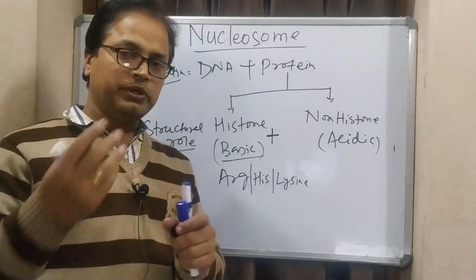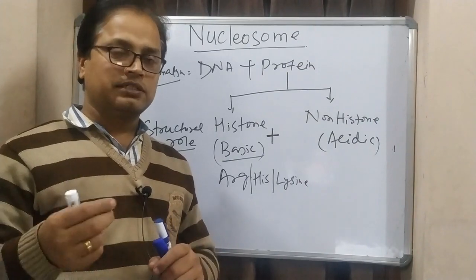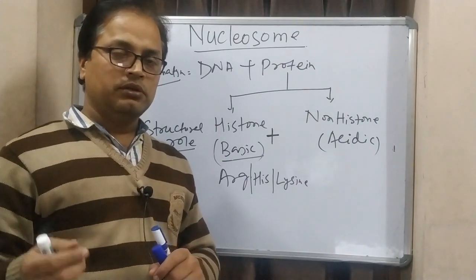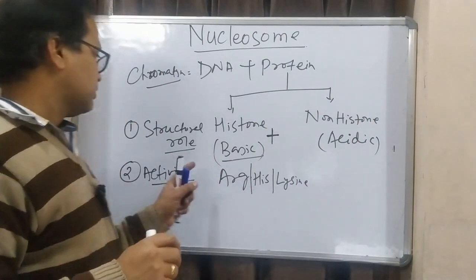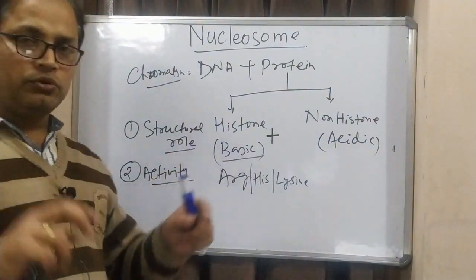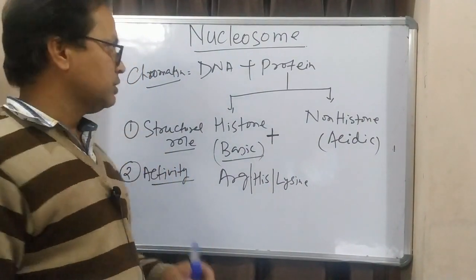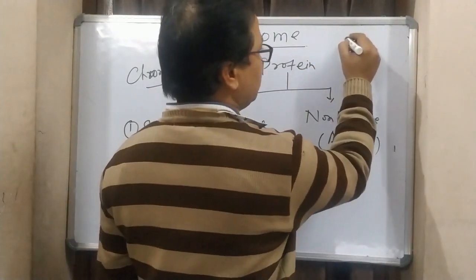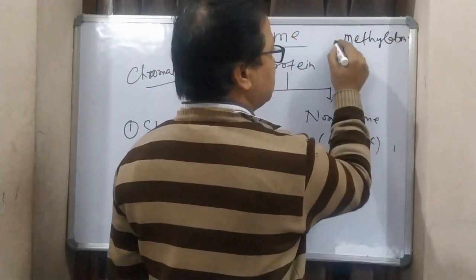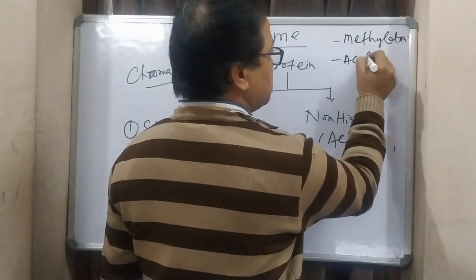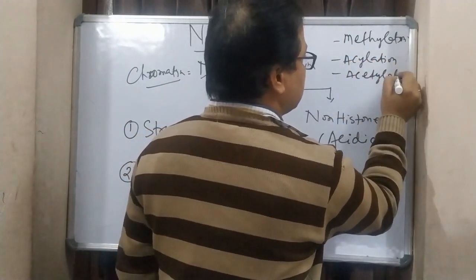So DNA should be active or should not be active, that depends on the DNA structure, the chromosome structure. So chromosome will be in the active form or the inactive form, that depends on the histone proteins. Histone will be modified by different kinds of reactions. Those reactions are methylation, acylation, acetylation.